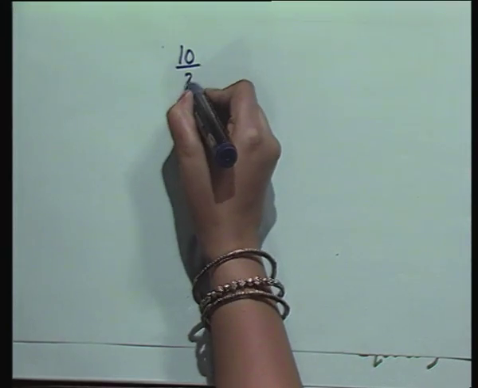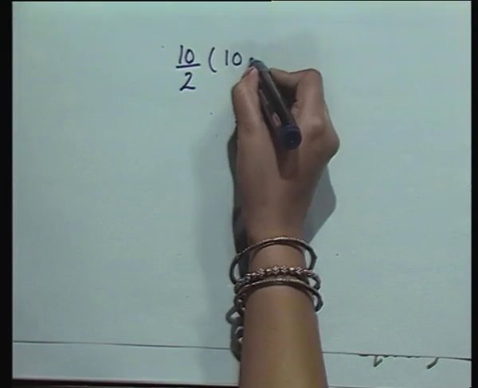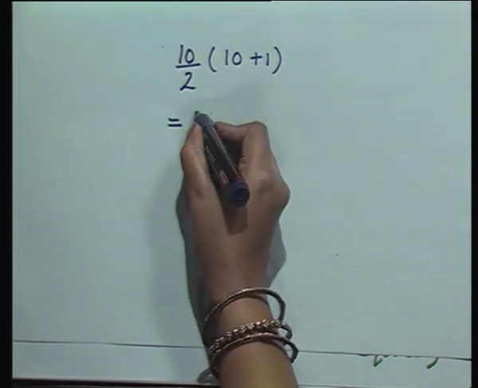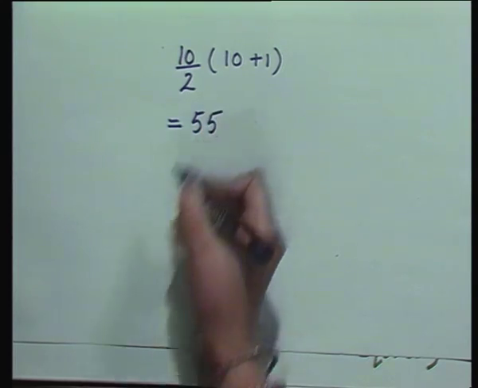And so, if I go back to the question I asked you, if I start with 10 blocks in the baseline, the total number of blocks will be nothing but 10 by 2 into 10 plus 1, and that is nothing but same as 55. And so, this is one use of a simple relation.